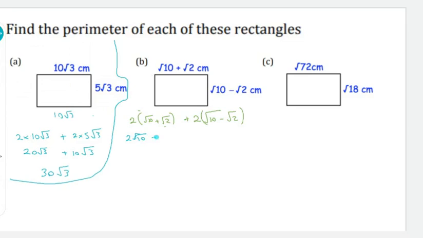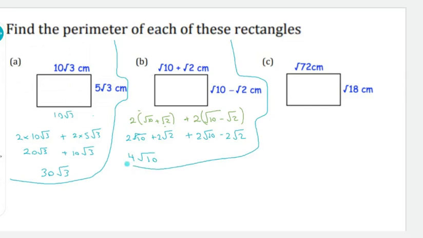And for the other one, it's 2 root 10 minus 2 root 2. And then I added them together to give me 4 root 10. Yes. Nice.